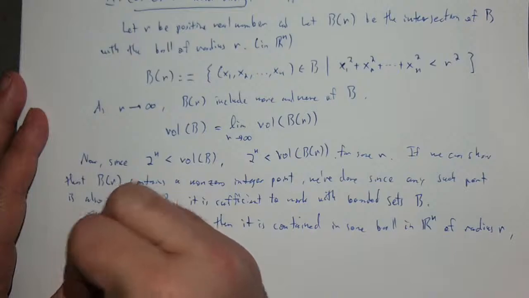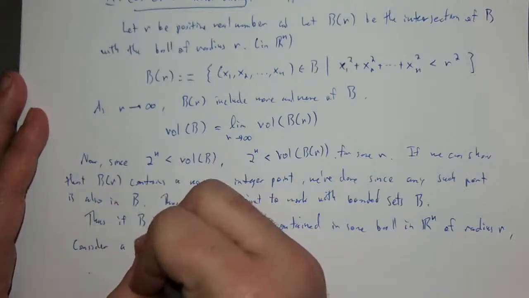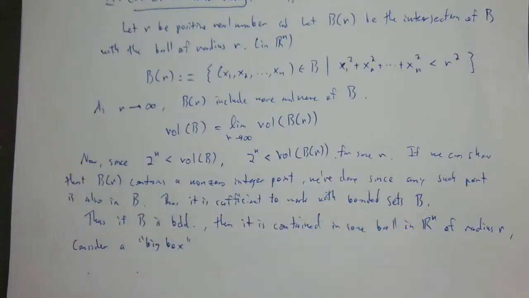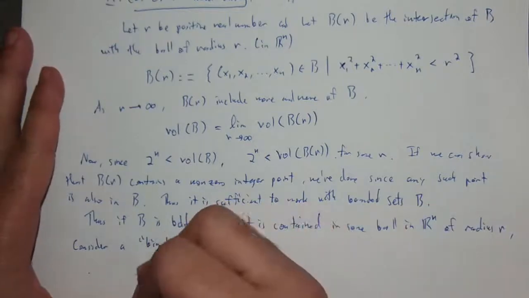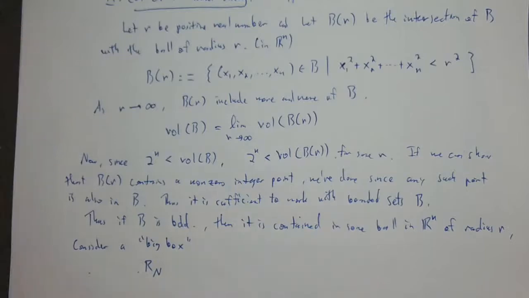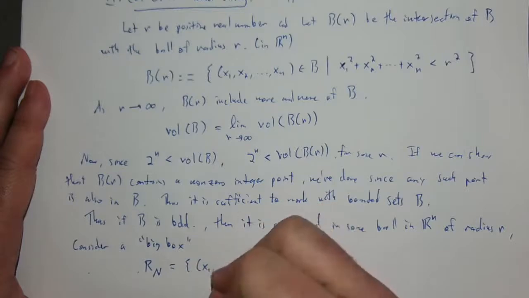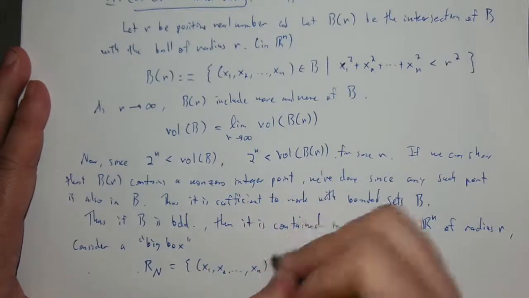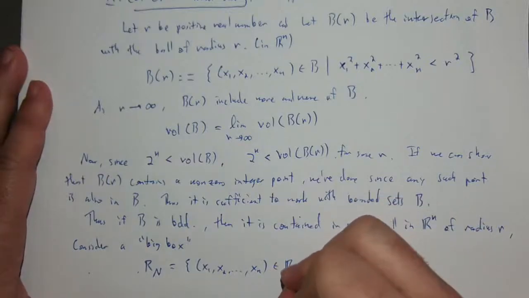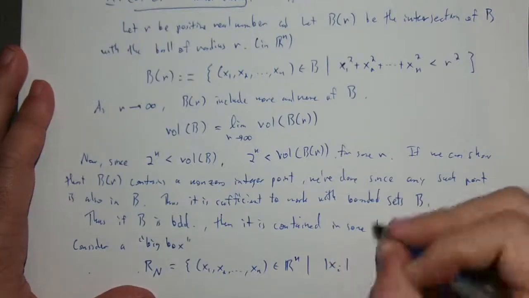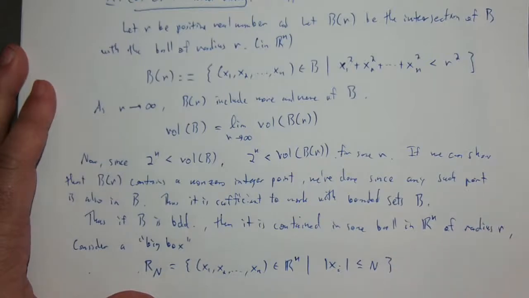Consider a big box. So rather than dealing with a ball, we just box off a huge region of Rn that bounds B. So this big box we'll call big R sub n. So this is the set of points in Rn whose coordinates are, component-wise, less than or equal to n in absolute value.